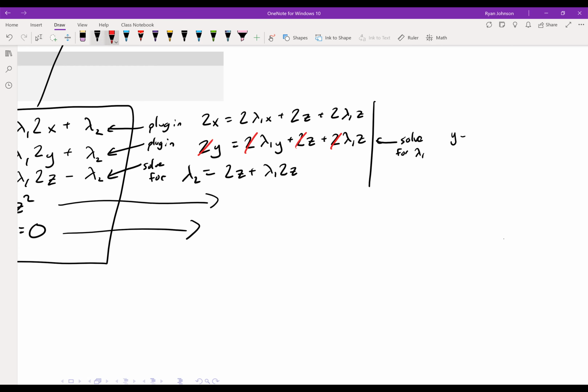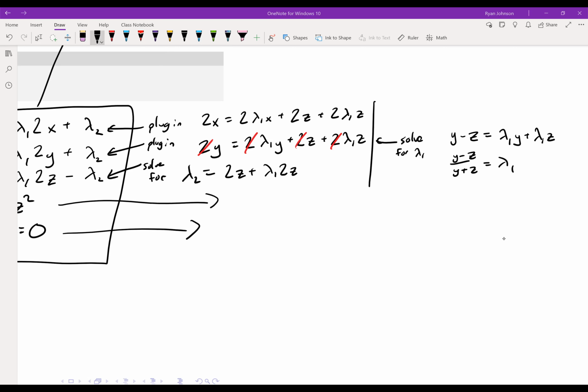Okay, now y, then subtract the z over, so y minus z equals lambda 1 y plus lambda 1 z. And so that means that y minus z over y plus z equals lambda 1.